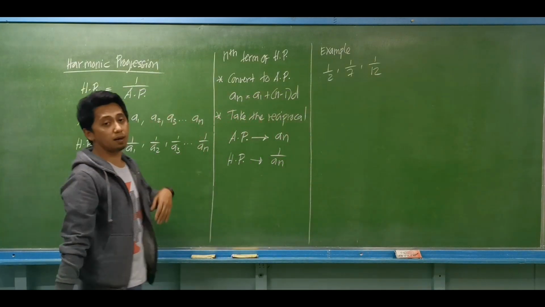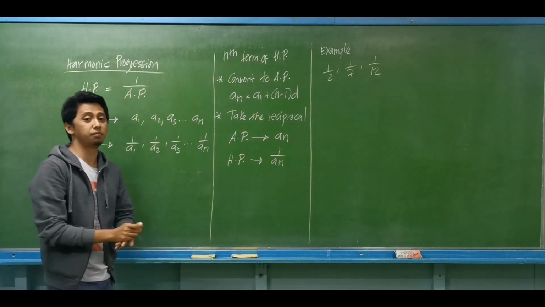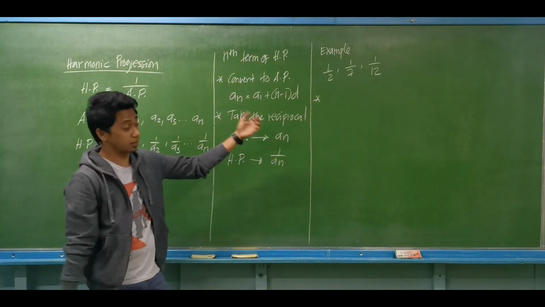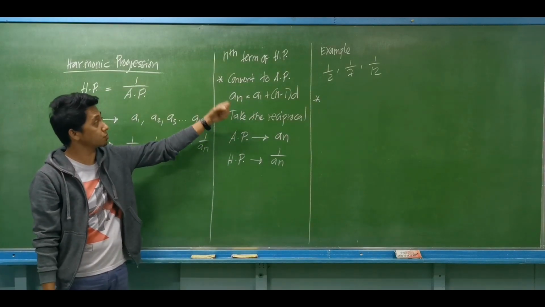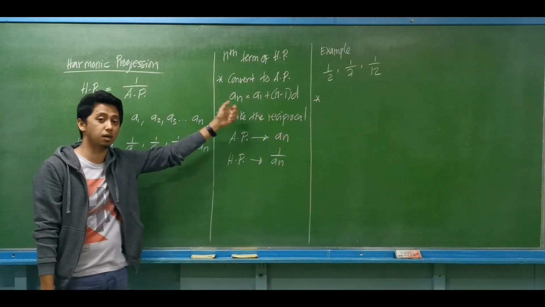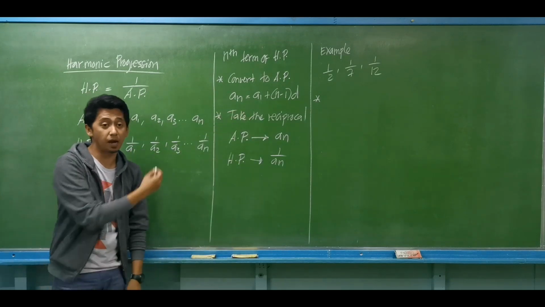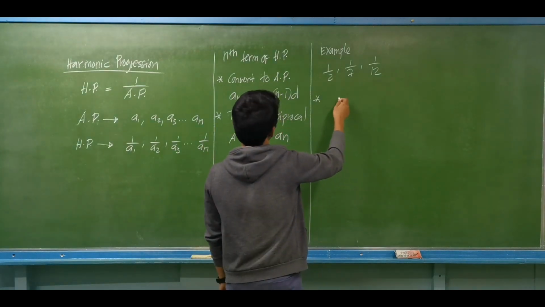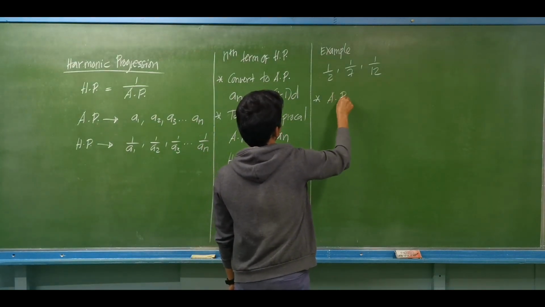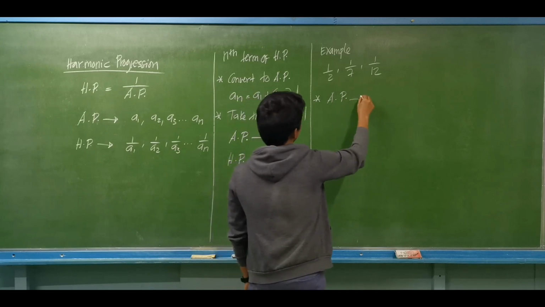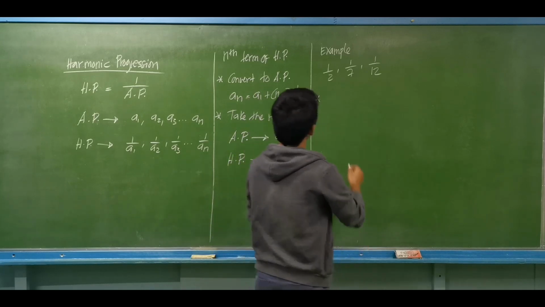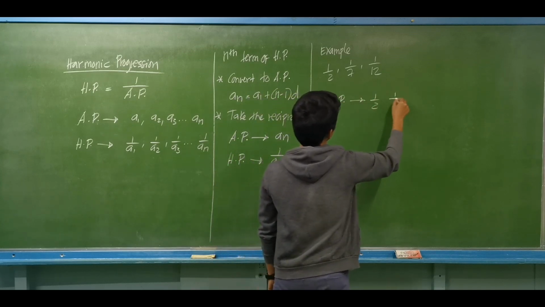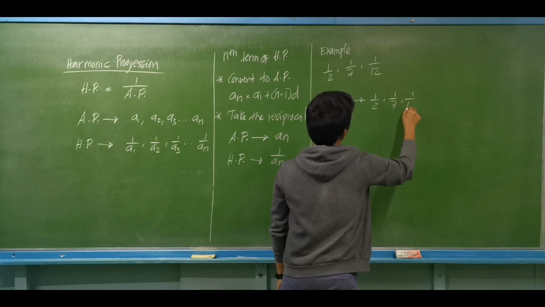For example, we have the terms 1 half, 1 over 7, 1 over 12. First, we convert the terms into arithmetic progression, or basically we take the reciprocal, then check if they are really under arithmetic progression. Before that, we assume them to be under harmonic progression: 1 half, 1 over 7, 1 over 12.